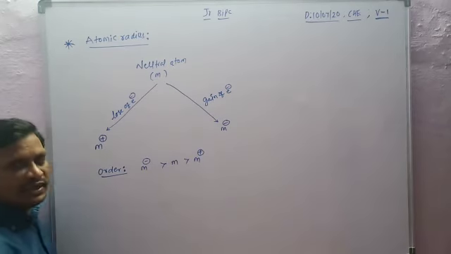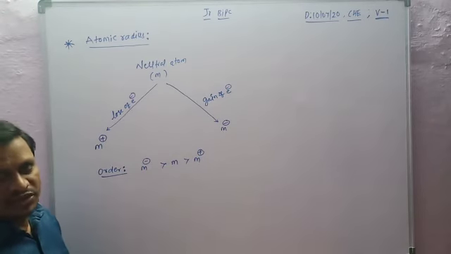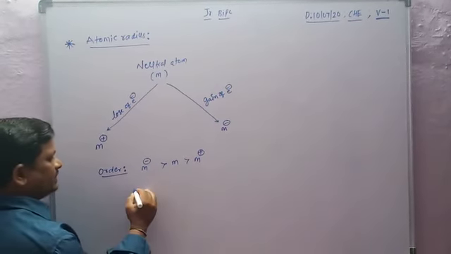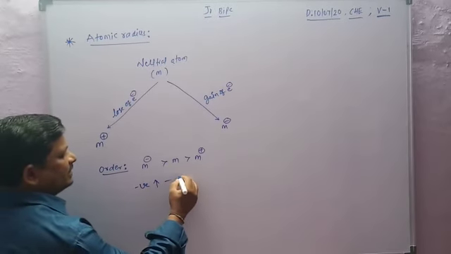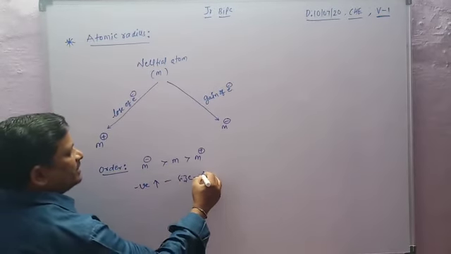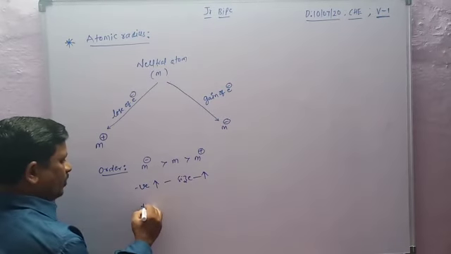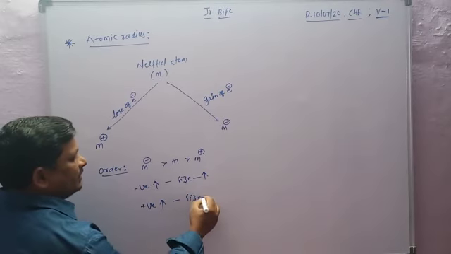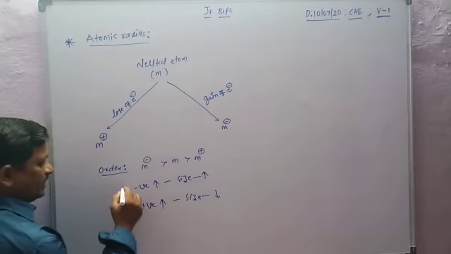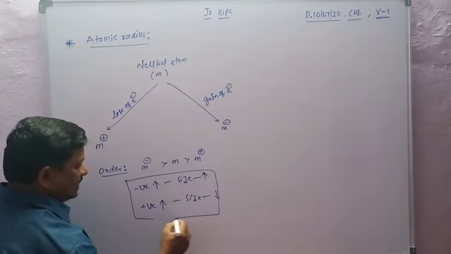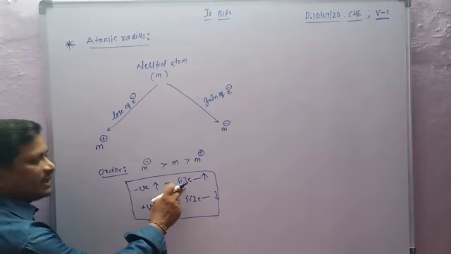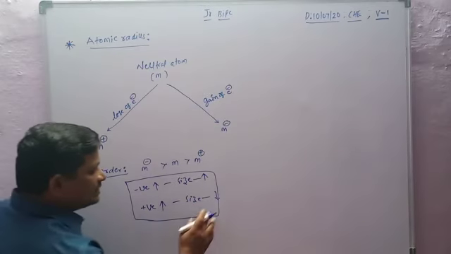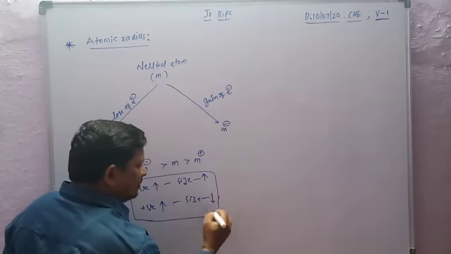If the negative charge increases, size or radius increases. If the positive charge increases, size or radius decreases.